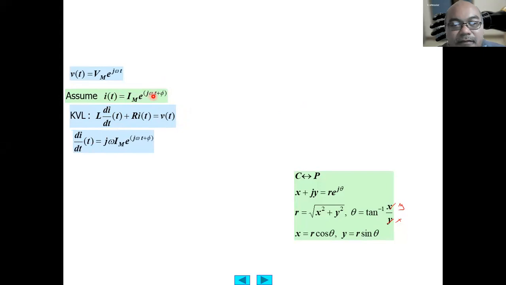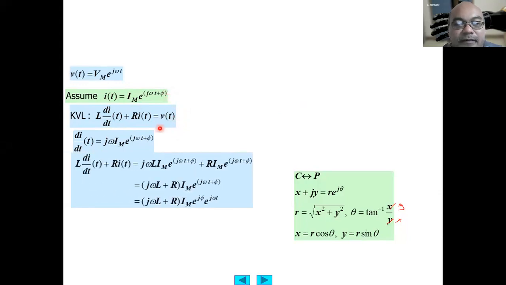So di/dt from here equals j omega Im exponent j omega t plus phi. So L di/dt plus R i(t) equals j omega L Im exponent j omega t plus phi plus R, where i is Im exponent j omega t plus phi.